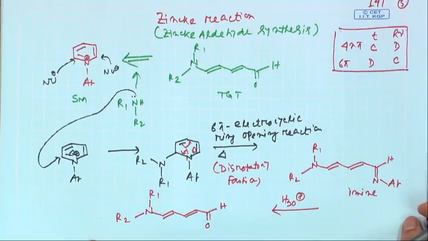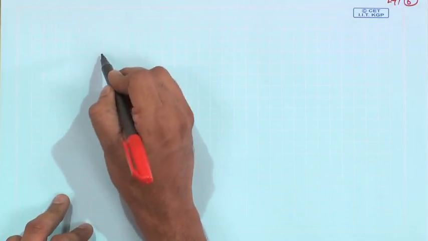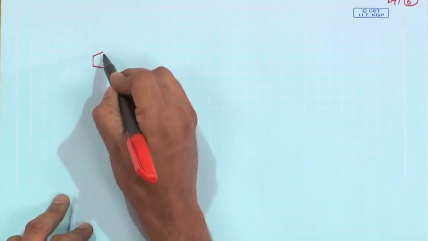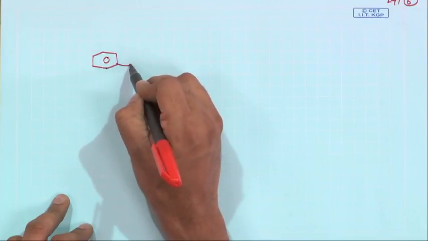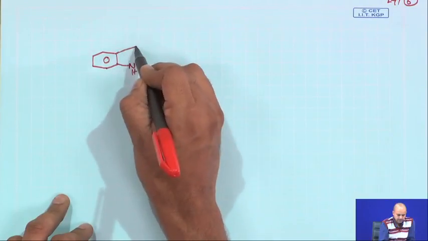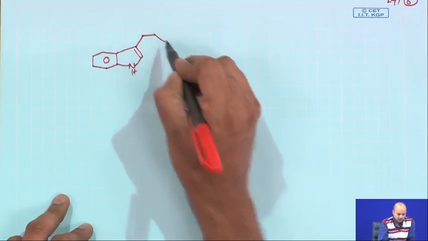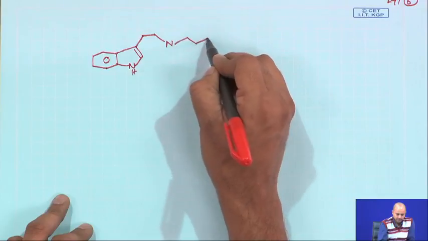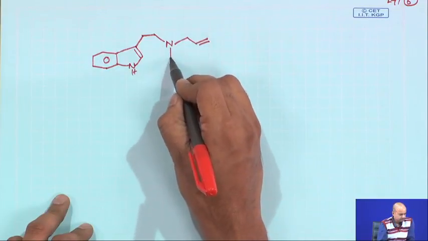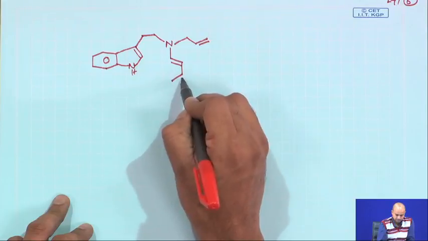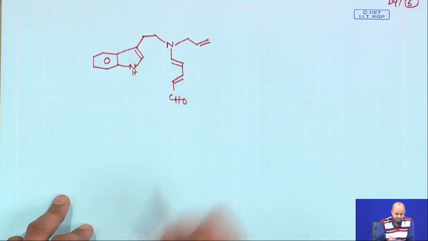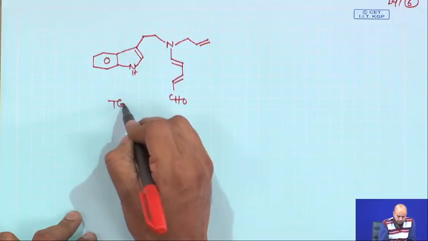Now, this Zincke reaction has significant usefulness in the field of organic synthesis. Suppose I give you a target molecule, something like this, and you have to apply a Zincke reaction. First let us draw the structure of the target molecule, with this CHO.